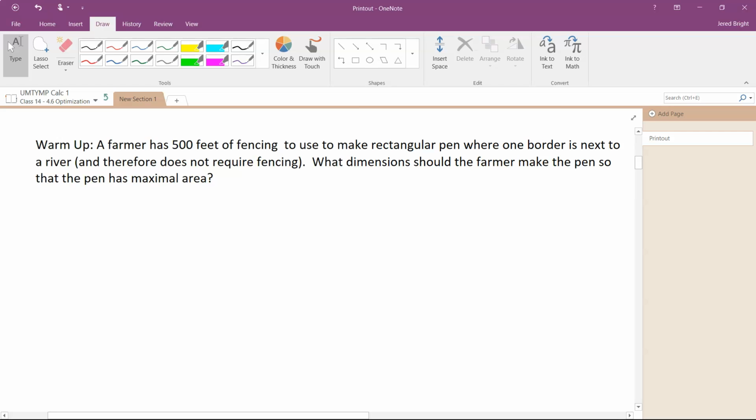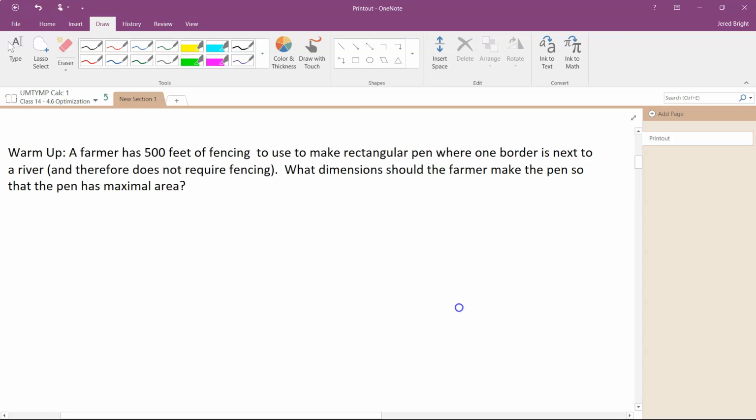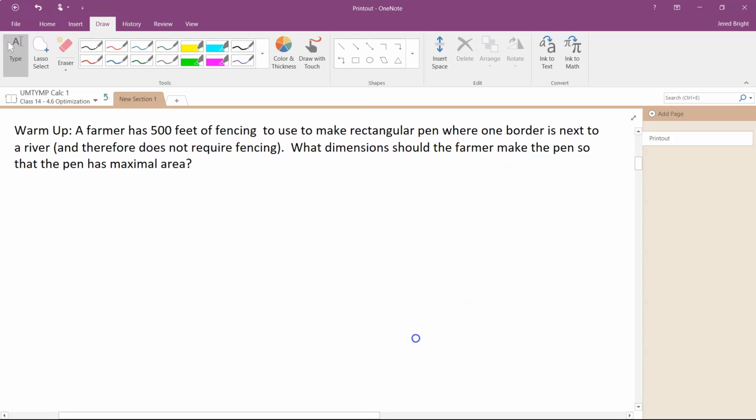And this sort of exercise you've seen back in math analysis and in algebra. It's one of the classic examples of optimization. We are going to look at something a little bit different than this, but nevertheless, the idea is the same: we want to find the dimensions of the pen that create maximal area.